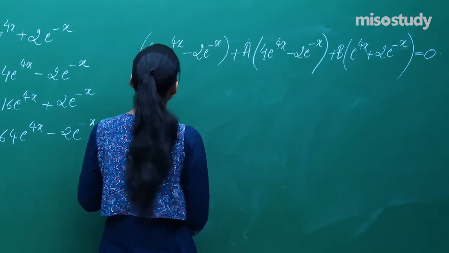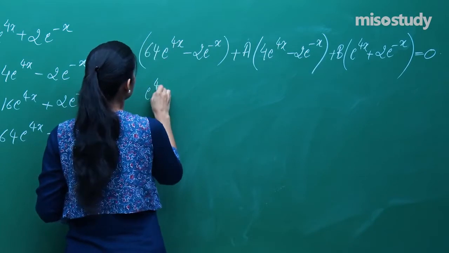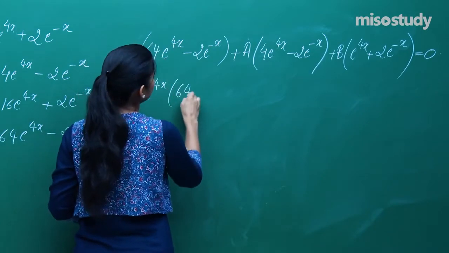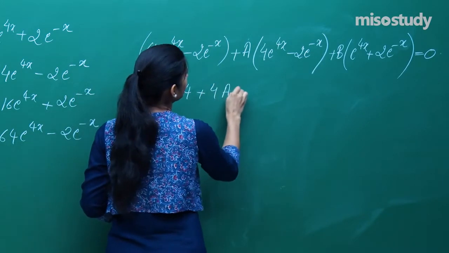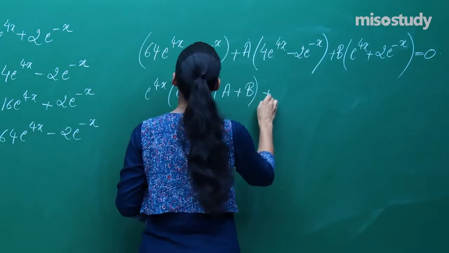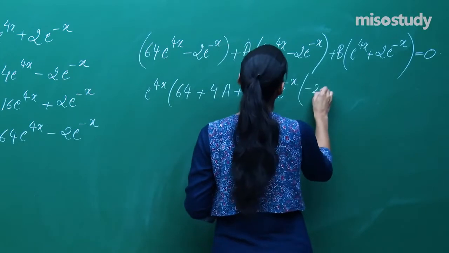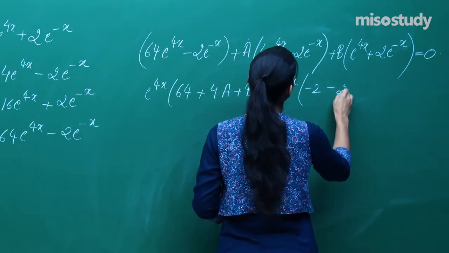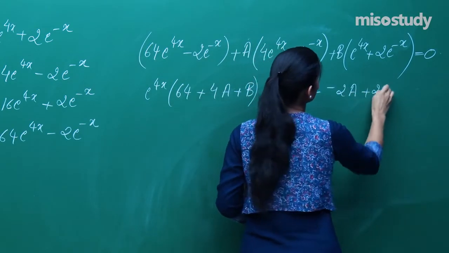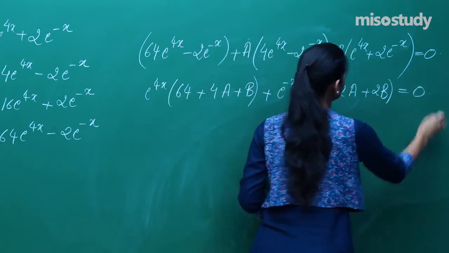Okay. So here you get e to the power 4x comes out common. You have 64 plus 4a plus b. Then you have e to the power minus x coming out common, minus 2 minus 2a plus 2b equals 0.